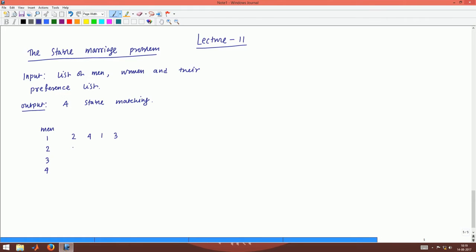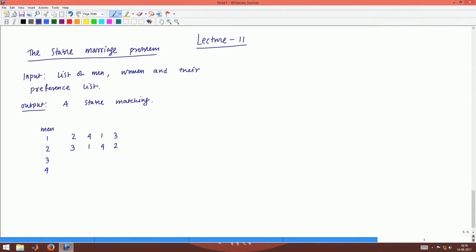For the second man the first preference is woman 3, the second preference is woman 1, the third preference is woman 4 and the fourth preference is woman 2.